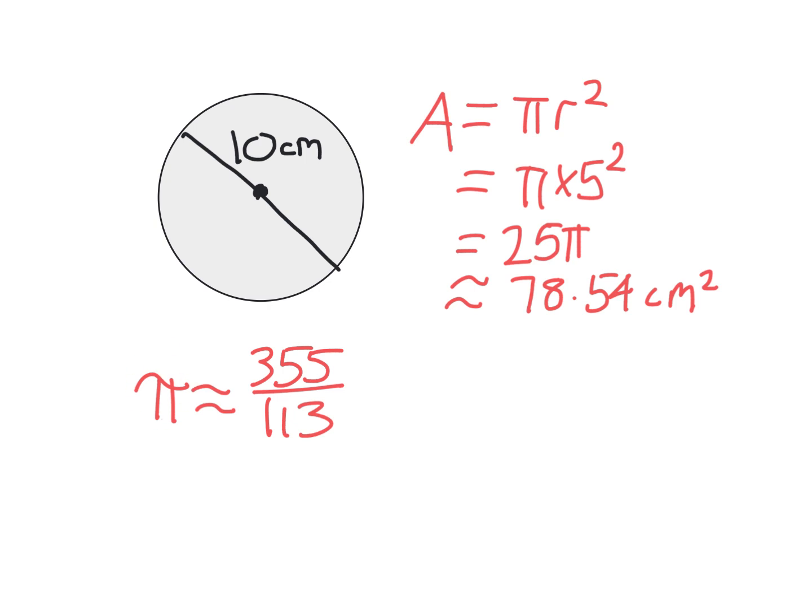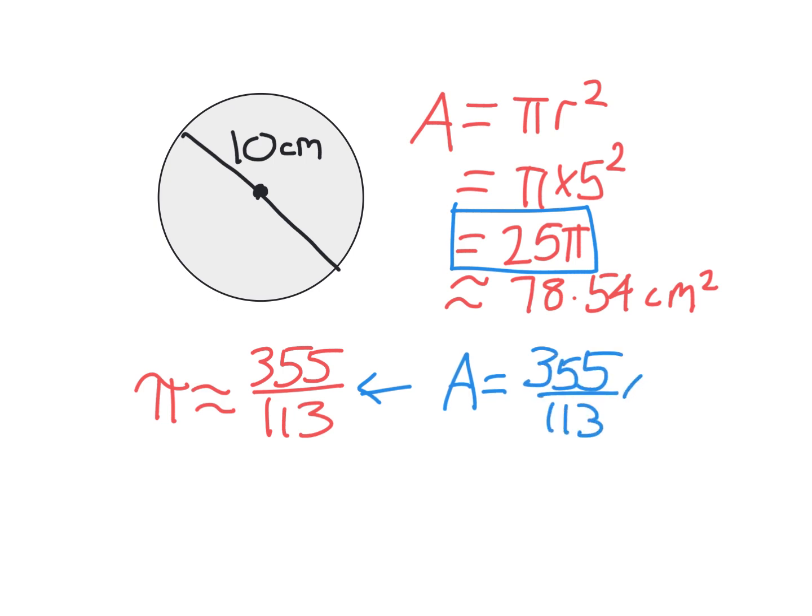Well, let's see how good it is. See, the exact area of this circle is 25 pi. If I use the rational approximation here for the area, I'd get pi, which is being approximated as 355 over 113, times 5 squared.